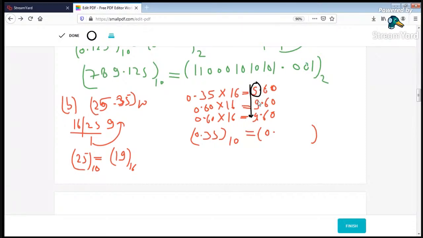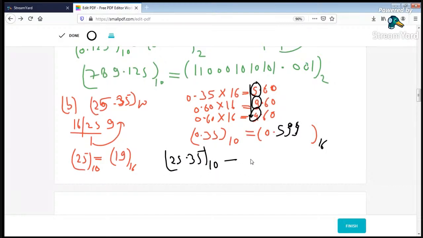This is 5, this is 9, this is 9. So 0.599 in base 16. So our final answer will be 19.599. The question was 25.35 in base 10.